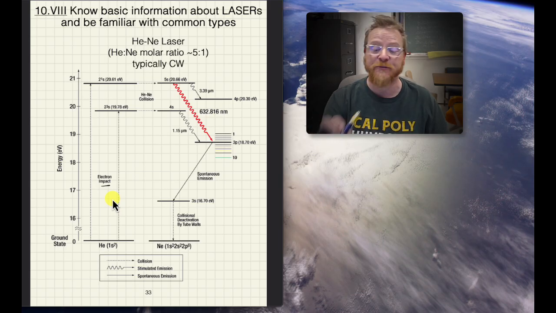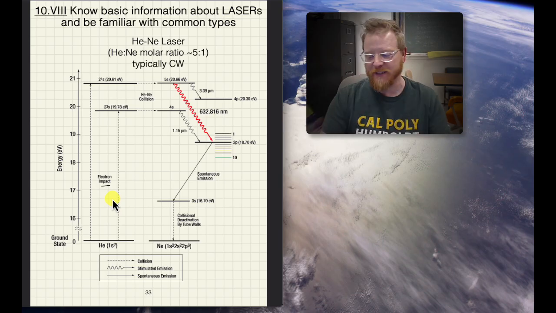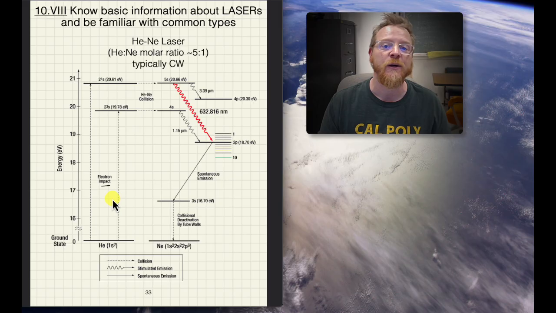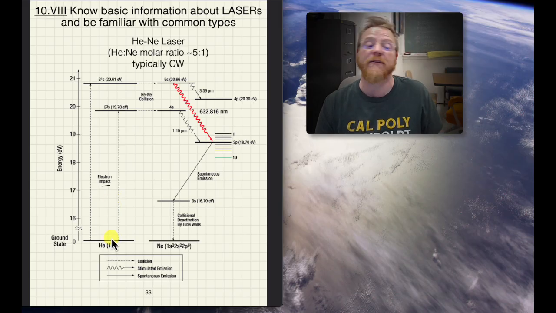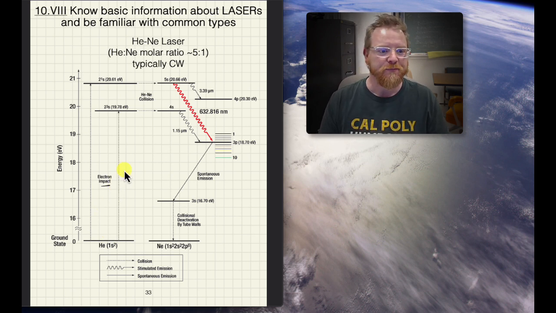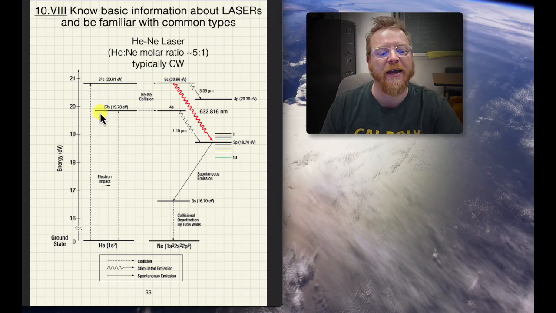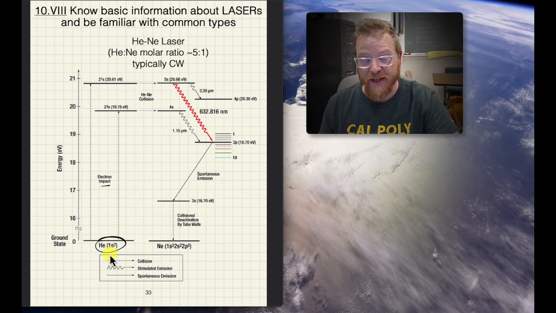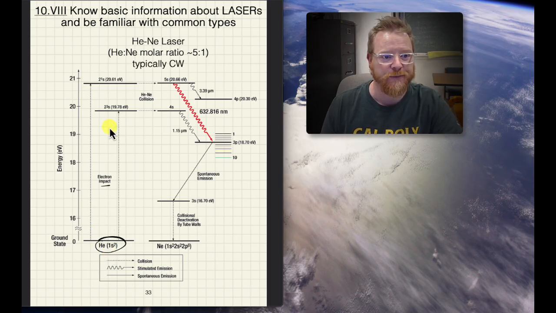You have to have power in one of these, typically a battery for very weak lasers, or you could even have a very high-powered HeNe laser that would require an external power supply, something more than just a battery. So we get this electron impact that pumps up our helium. Helium is our excitation source.